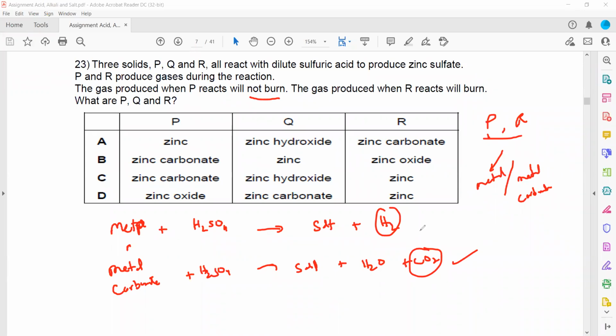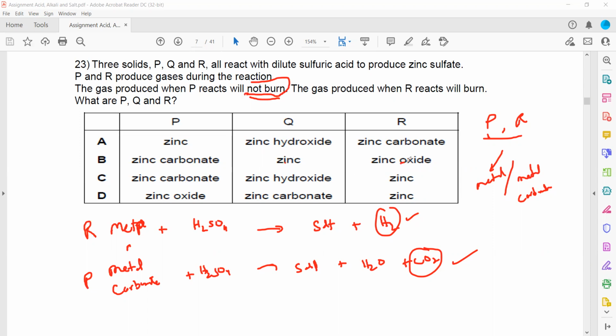So it means P is a carbonate, because it gives carbon dioxide, which does not support burning. And R gives a gas which burns. Hydrogen is a flammable gas, it can burn. So R is a metal, and P is a metal carbonate, like zinc carbonate.